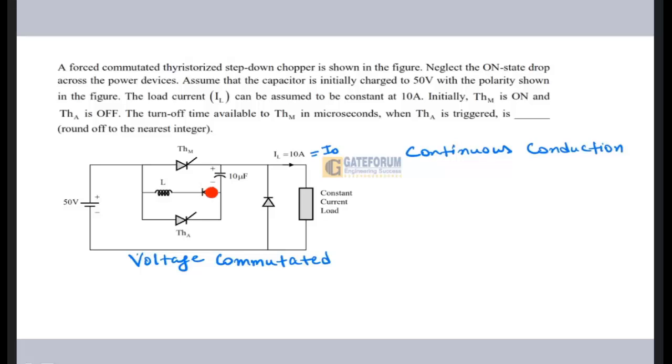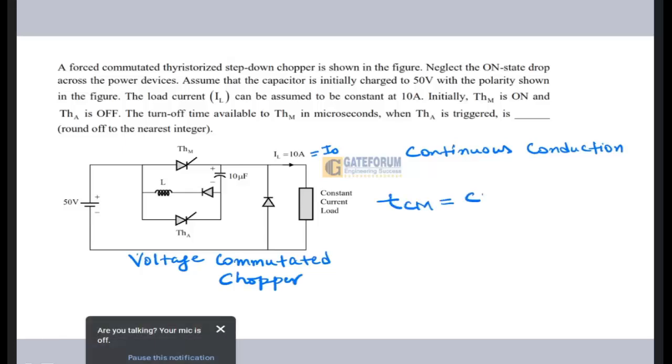In the class B chopper, or the current commutated chopper, this particular part will be connected with L and the diode will be connected here. So it is a voltage commutated chopper. And the circuit turn off time formula I have already given you after discussing the different modes and the waveform.